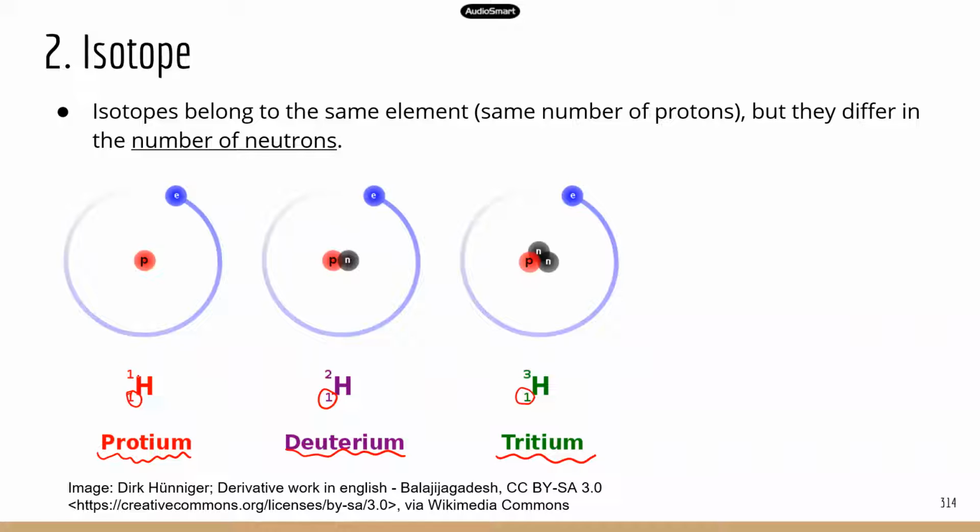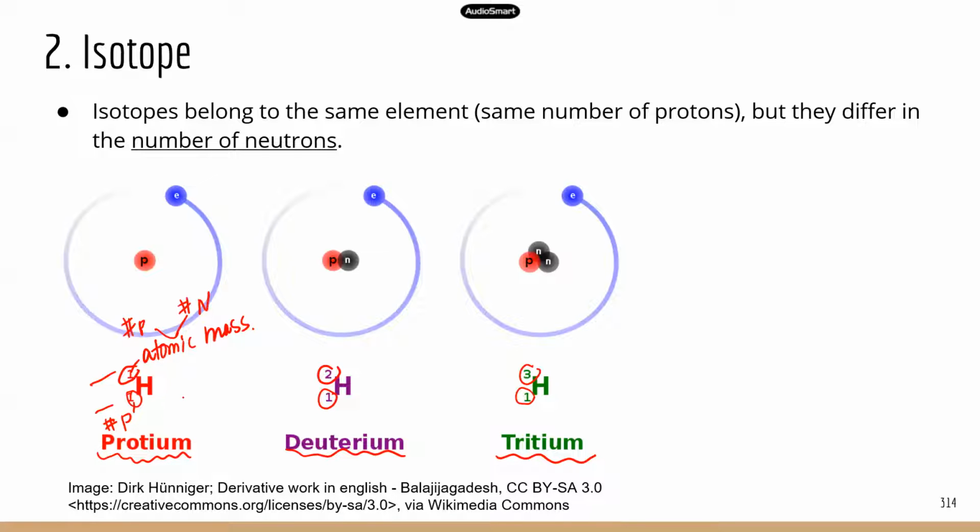The numbers on the top indicate the atomic mass. And again, atomic mass is the sum of the number of protons and number of neutrons, right? So based on these 2 pieces of information, you can actually figure out the number of neutrons, right?